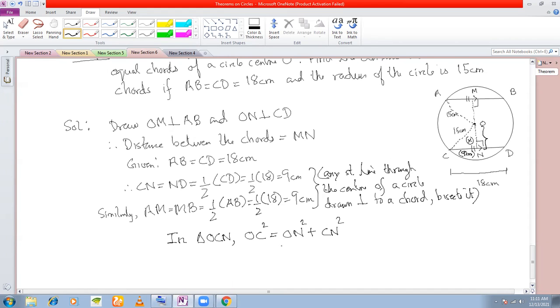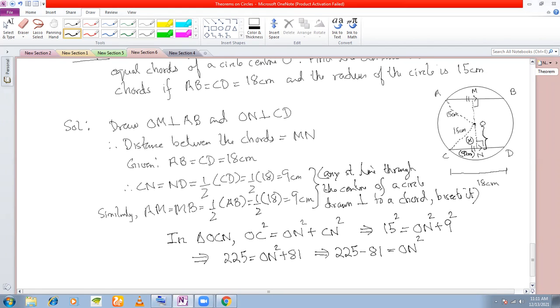So we can find out the length of ON, right? OC square is 15 square, ON square we need to find out, and CN square is 9 square. That means we get 225 is equal to ON square plus 81. That means 225 minus 81 must be equal to ON square, right?